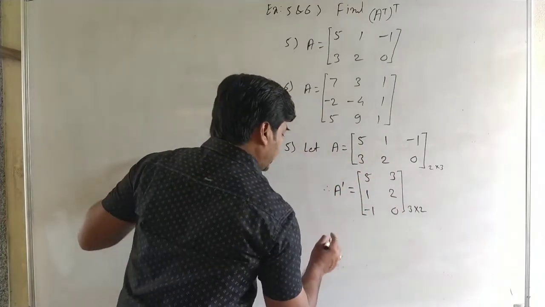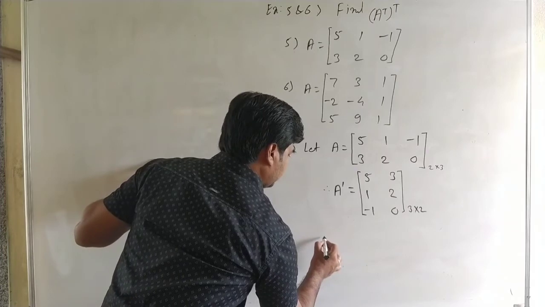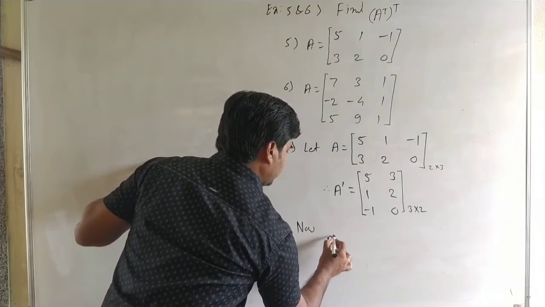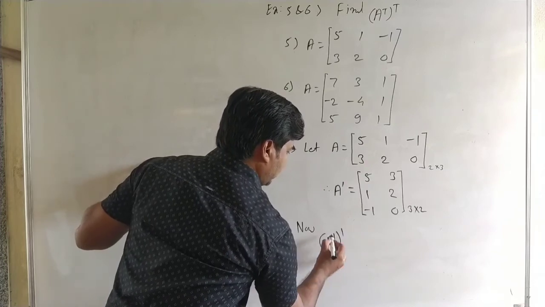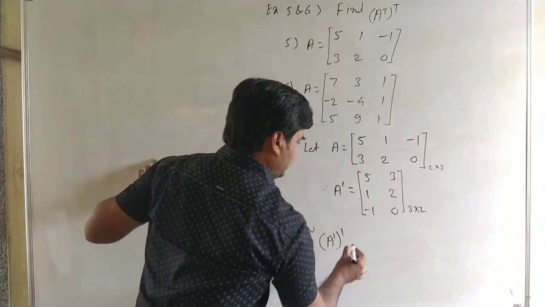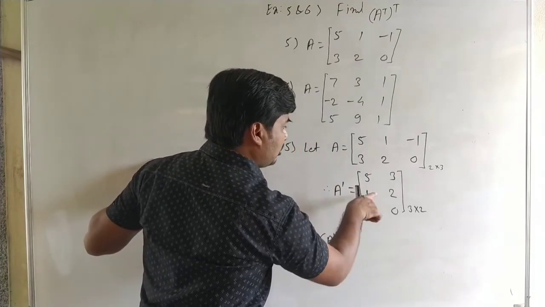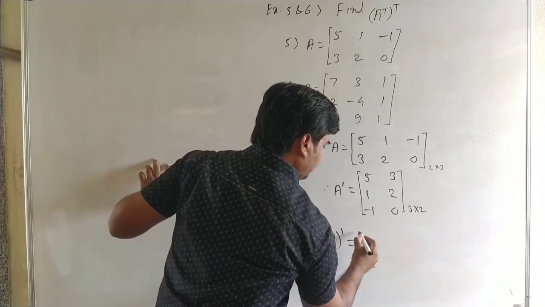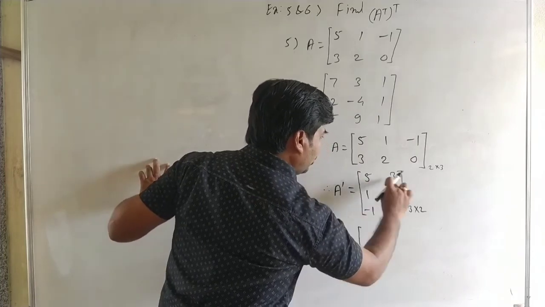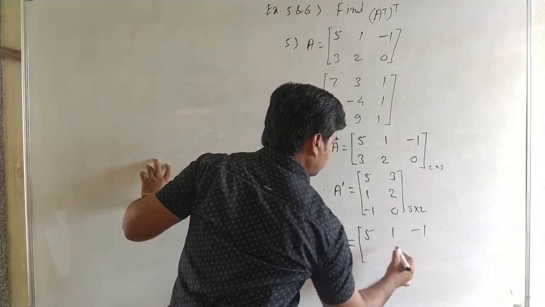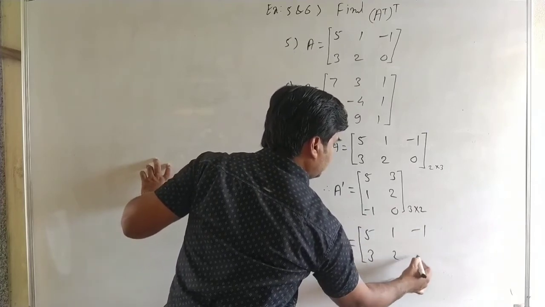Now we want to find the transpose of transpose. Now A transpose of transpose, here we can write T or dash. Now it is a transpose, we can find the transpose of this matrix. Therefore here row becomes column and column becomes row. Therefore 5, 1, minus 1, 3, 2 and 0.